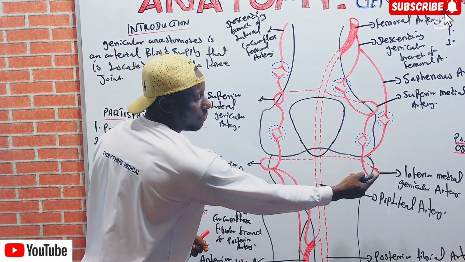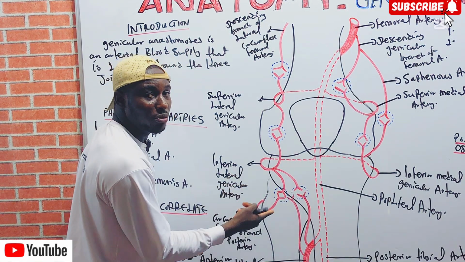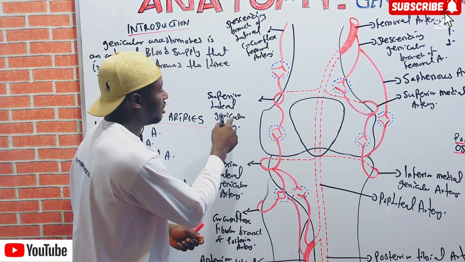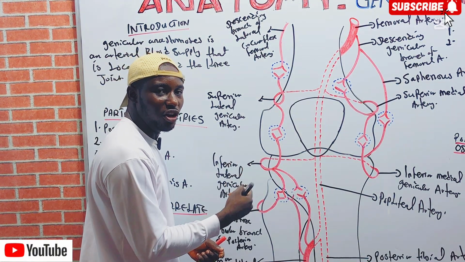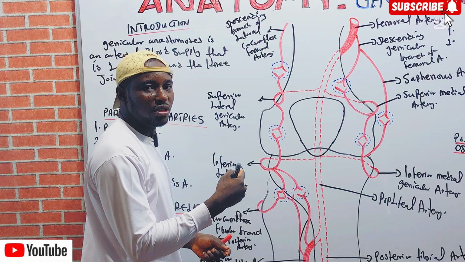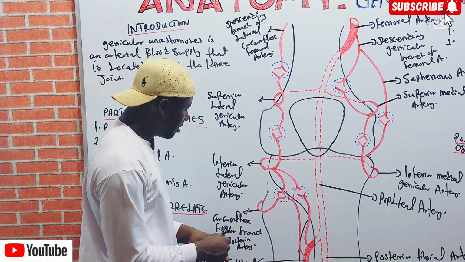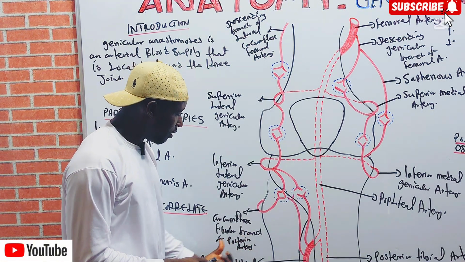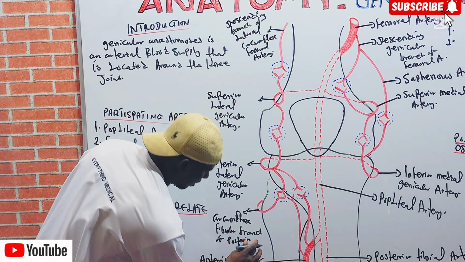So the fourth point of anastomosis is that the inferior lateral genicular artery anastomoses with the superior lateral genicular artery, the posterior and anterior branches of the anterior tibial artery, and the circumflex fibular branch of the posterior tibial artery.